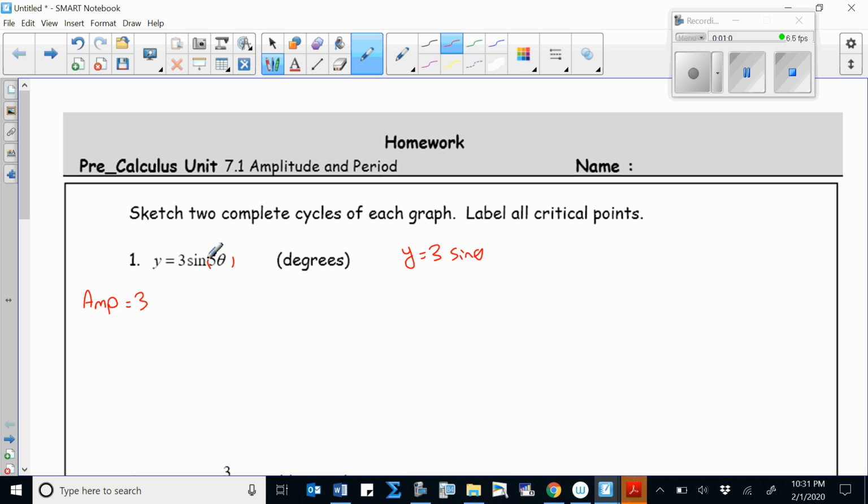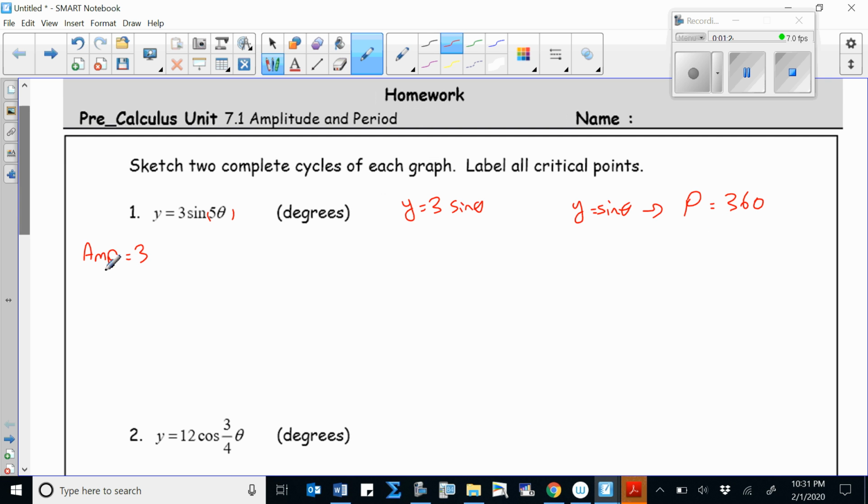This 5 is going to change the period of the function. How? To find the new period of this function, we're going to take the period of the parent function. We know that the parent function is y equal to sine of theta, and the period of the parent function is 360 because we're working with degrees. That's why we write 360.